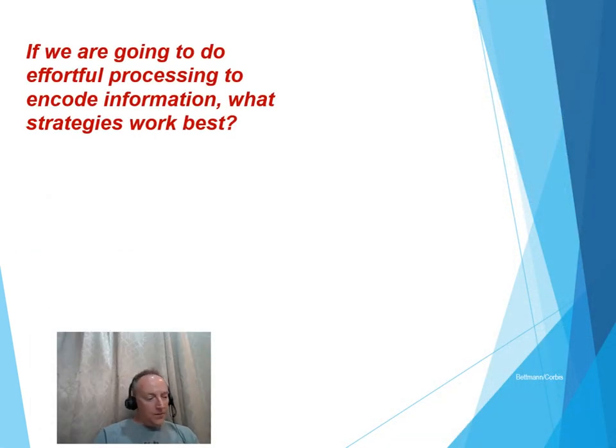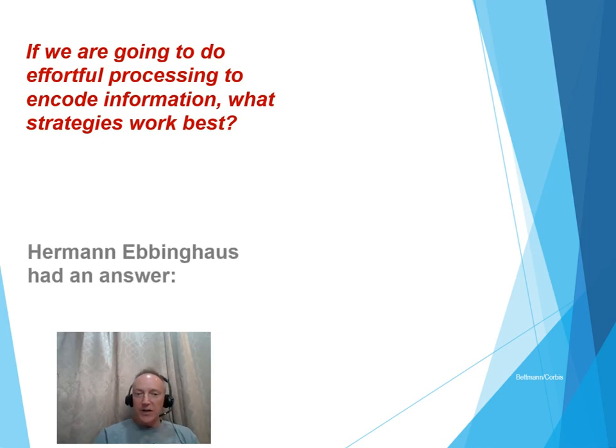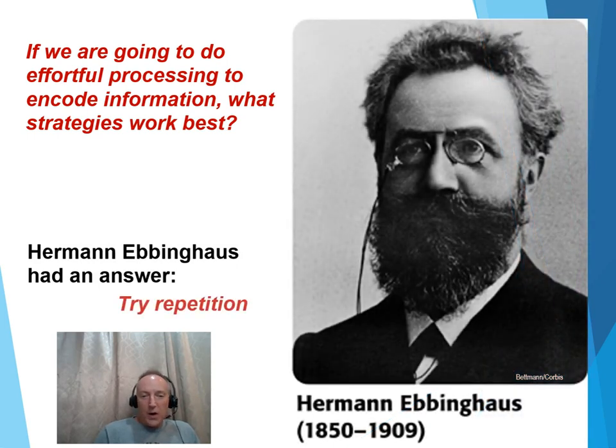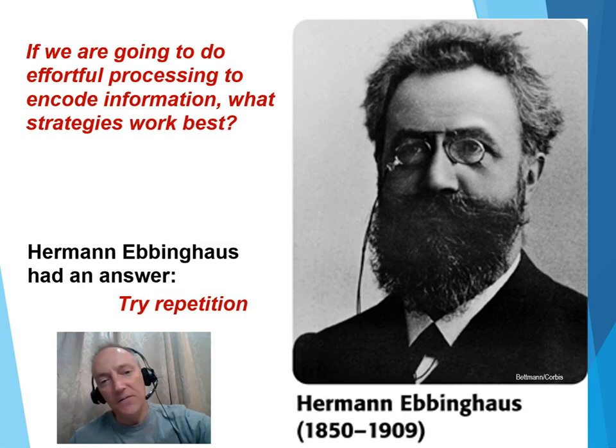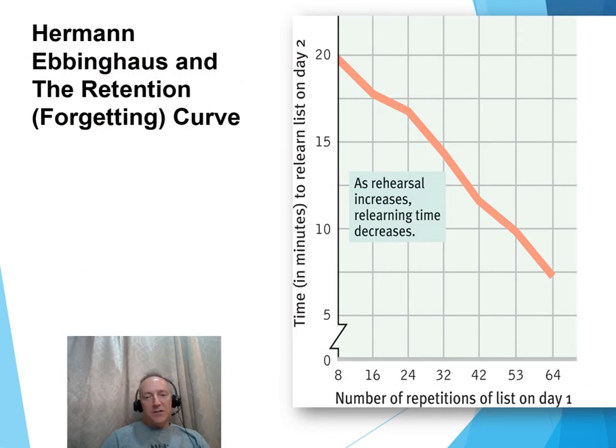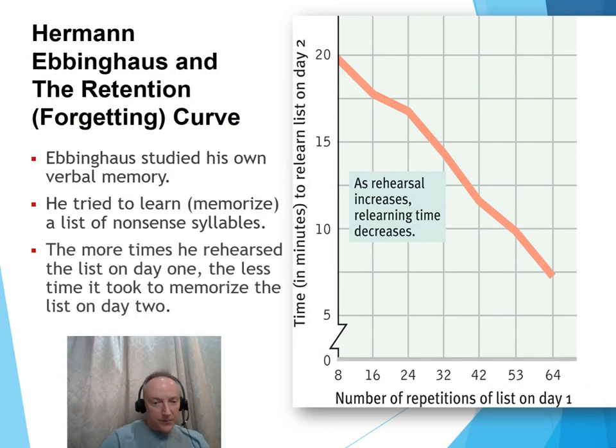One of the first persons to study memory in a strategic, scientific way, who showed us it takes effort to remember and encode things, was Hermann Ebbinghaus. He designed a famous study on memory, and he used himself as the subject of his own study.